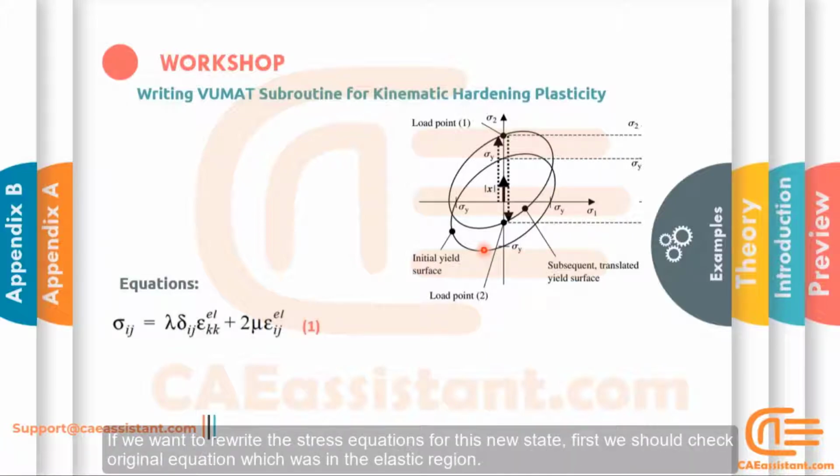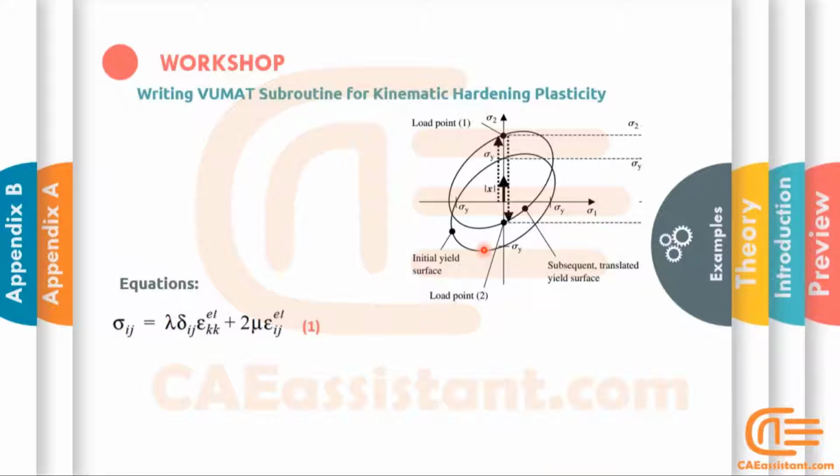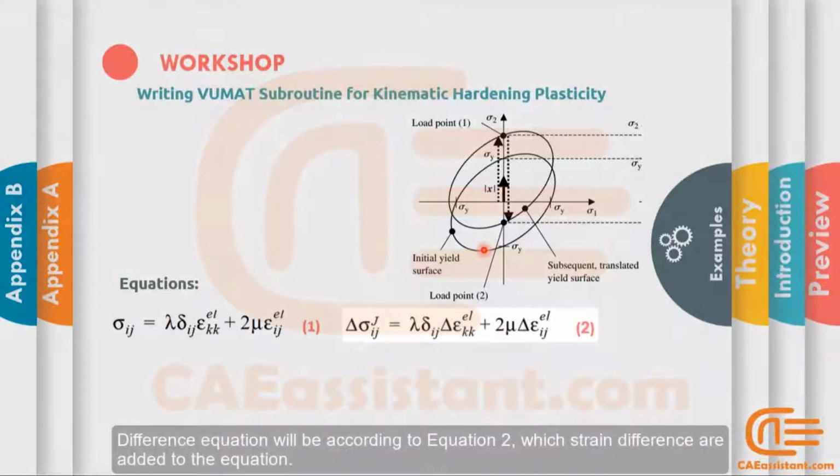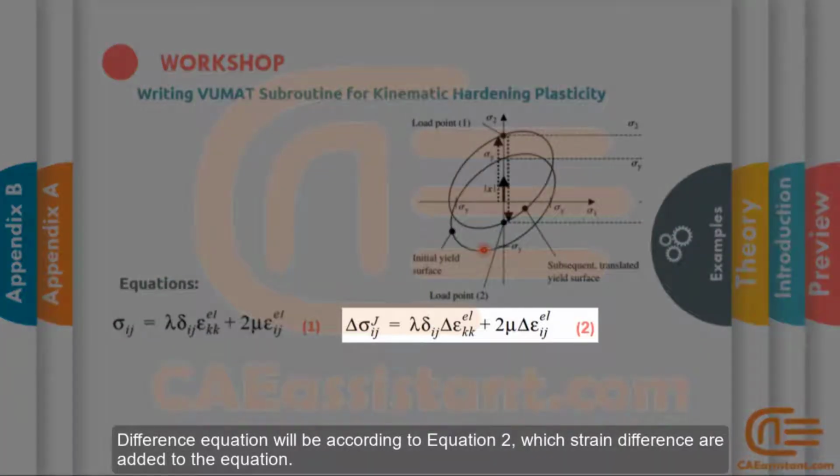If we want to rewrite the stress equations for this new state, first we should check the original equation, which was in the elastic region. The difference equation will be according to equation 2, in which the strain difference is added to the equation.